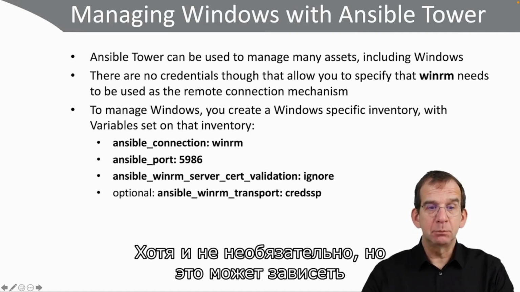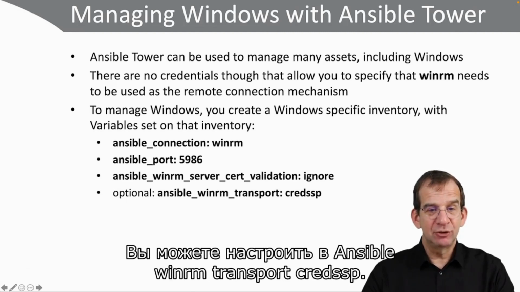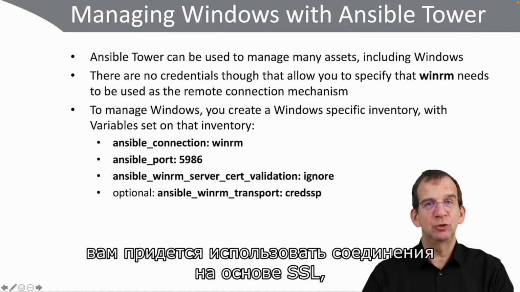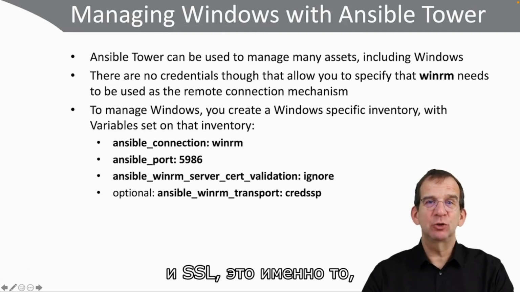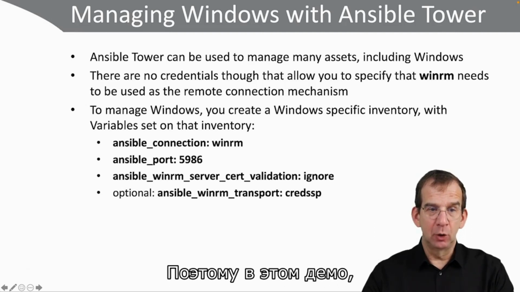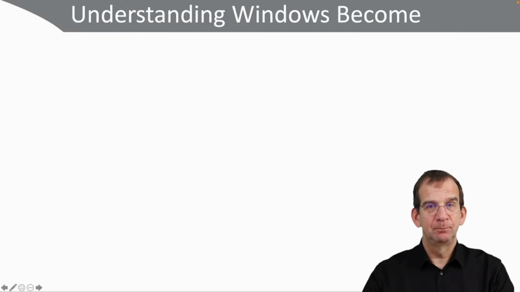And optionally, but this all depends on the connection mechanism, you can set ansible_winrm_transport to credssp. If you don't use CredSSP, you will use SSL-based connection. And SSL-based connection is exactly what we have set up the Windows host for in lesson 1. So in this demo, we are not going to use the WinRM transport as CredSSP.